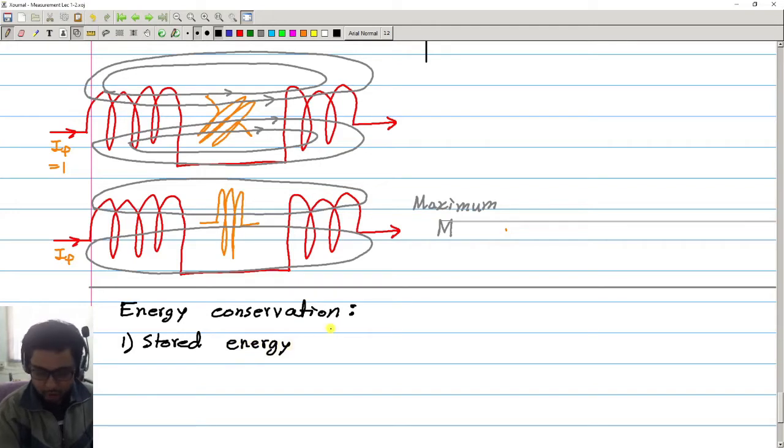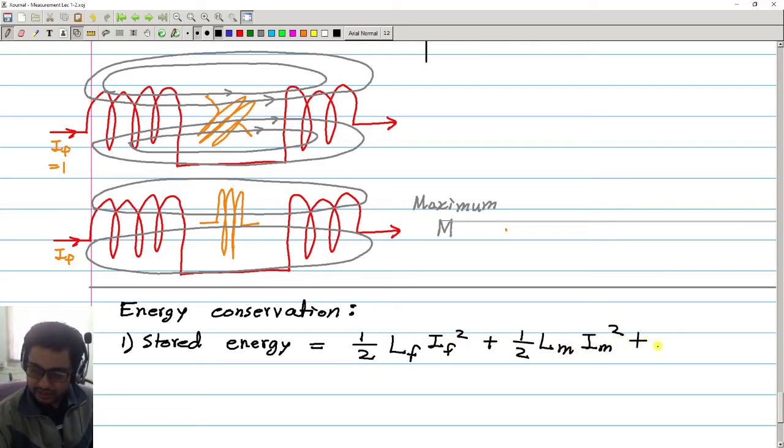You have studied in your previous course that stored energy in a pair of coupled coils is given by half L_F I_F square plus half L_M I_M square plus M I_M I_F. That is the stored energy, you know.